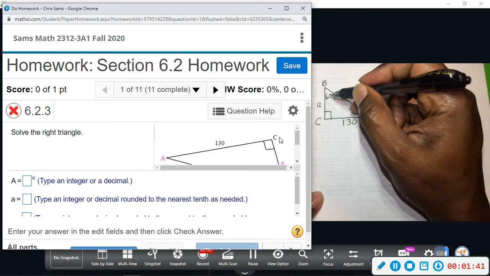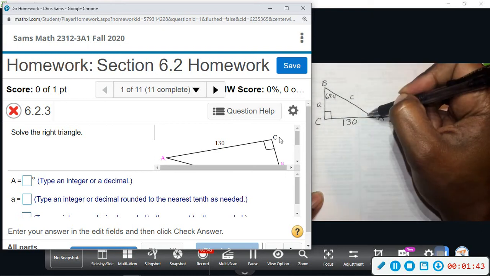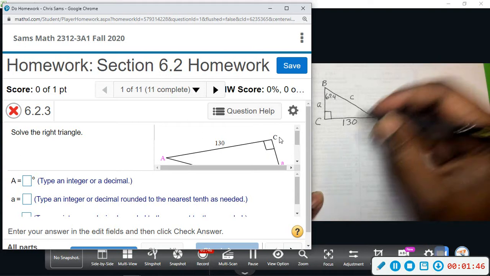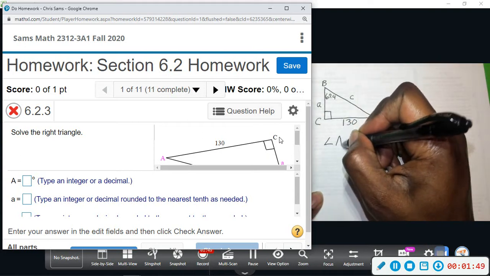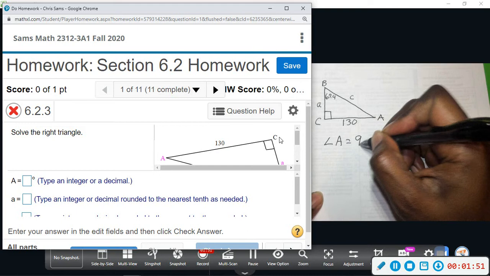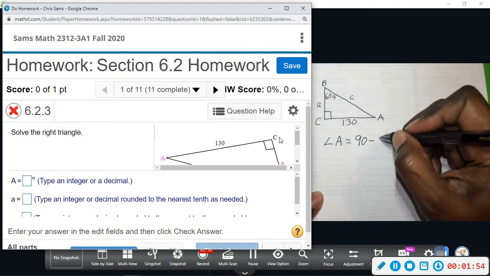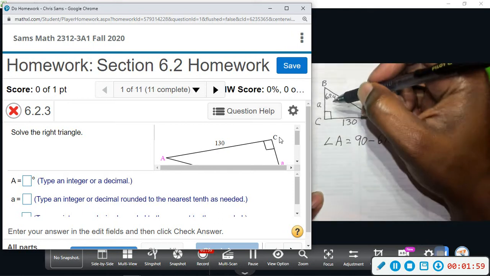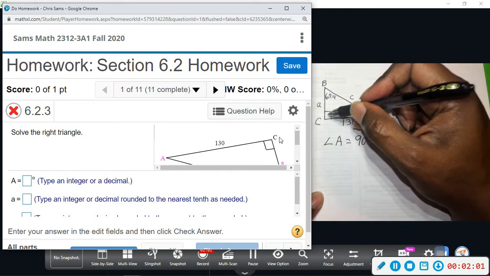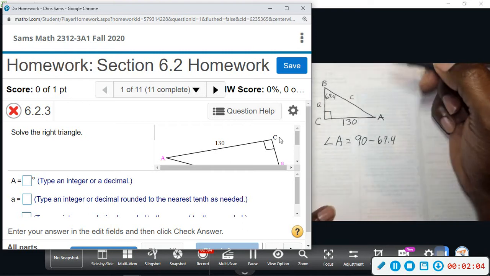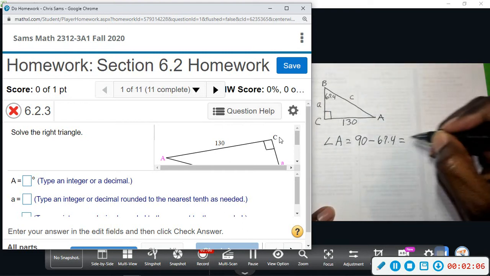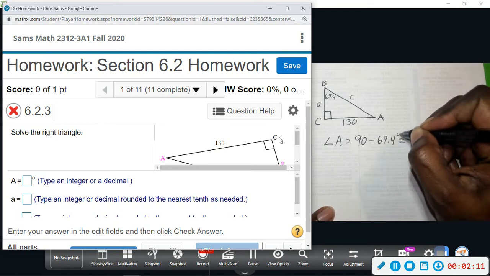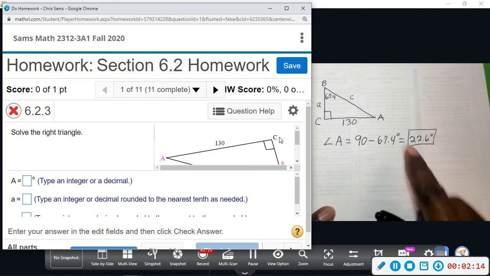So angle A is equal to 90 minus angle B, which is 67.4. And again, this comes from the idea that all the angles add to 180. That gives us 22.6 degrees. Very important to put the degrees. So angle A is 22.6 degrees.